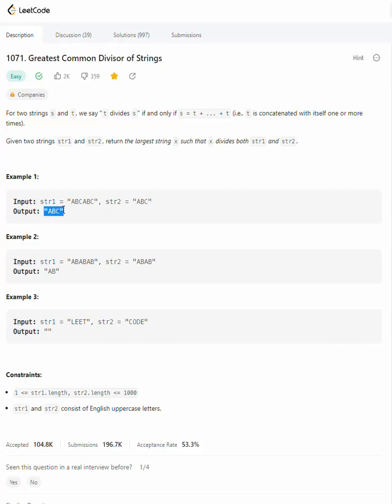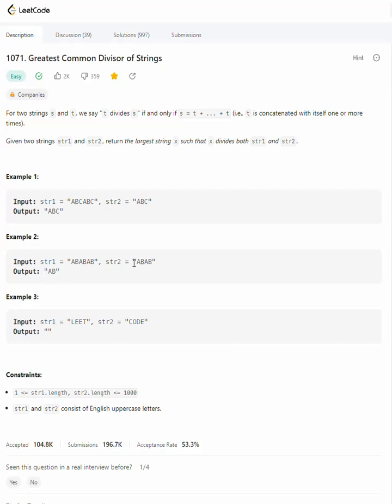So the output is ABC. Let's see another example. In this example, if you see the string A and B, this can divide string 1 and string 2 both. So what will be the output? AB.